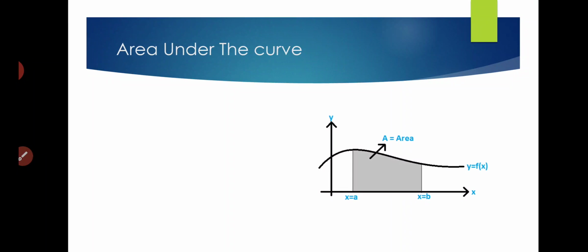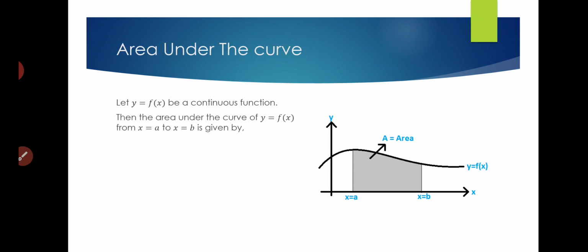So if I'm having a function y equals f(x), and I'm trying to find the area under the curve from x equals a to x equals b, then that area is represented by integration a to b f(x) dx, right?